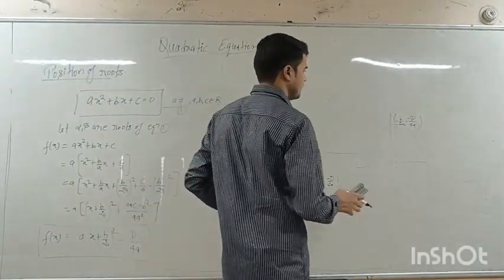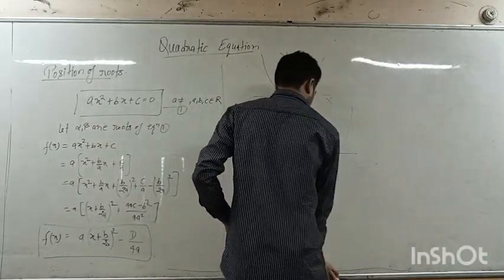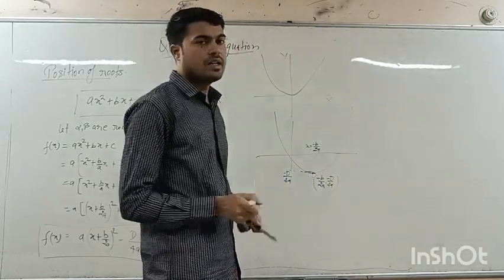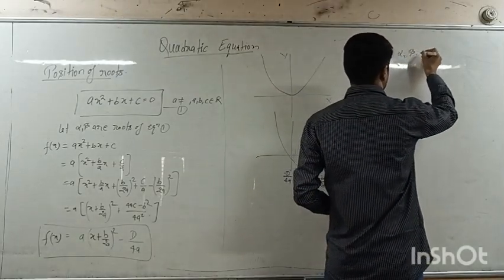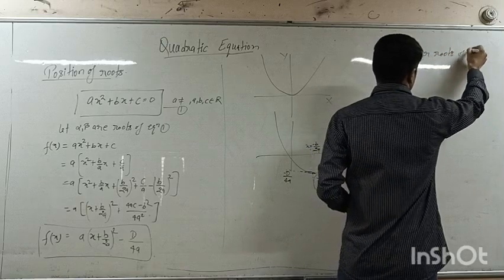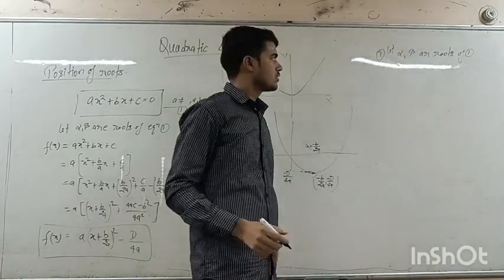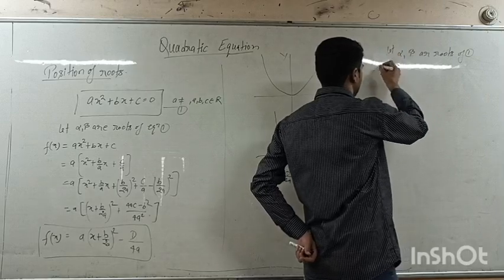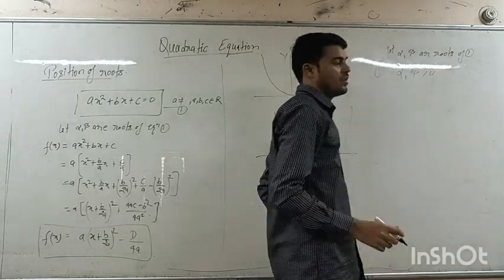Now we will understand how to position the roots of a quadratic equation. Let alpha and beta be the roots of the quadratic equation. So the first case is if alpha and beta are greater than 0.